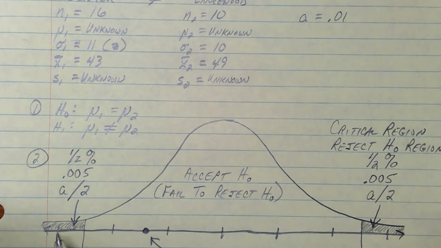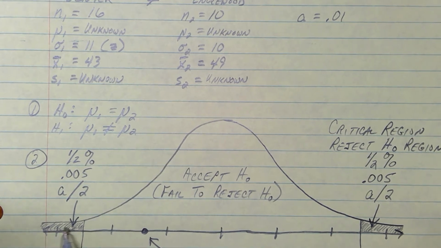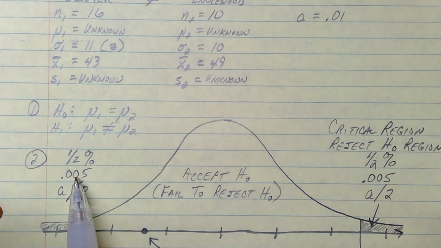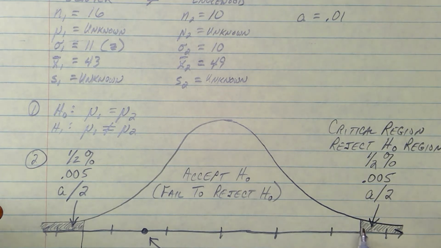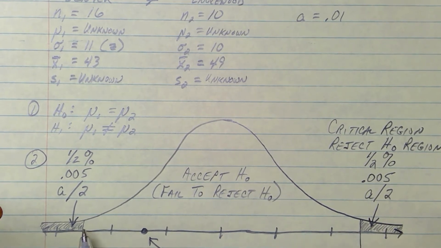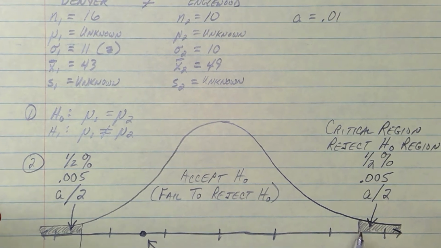All right, we have to figure out where to start shading these, and there's an easy way and a hard way. The hard way is to look up this area, 0.005, in the z table and see what z number produced it. If you find this negative z number, then you know what the positive z number is as well, because the white area is exactly in the middle, so it'll be the same z number on the left and right, except this one will be negative and this one positive.